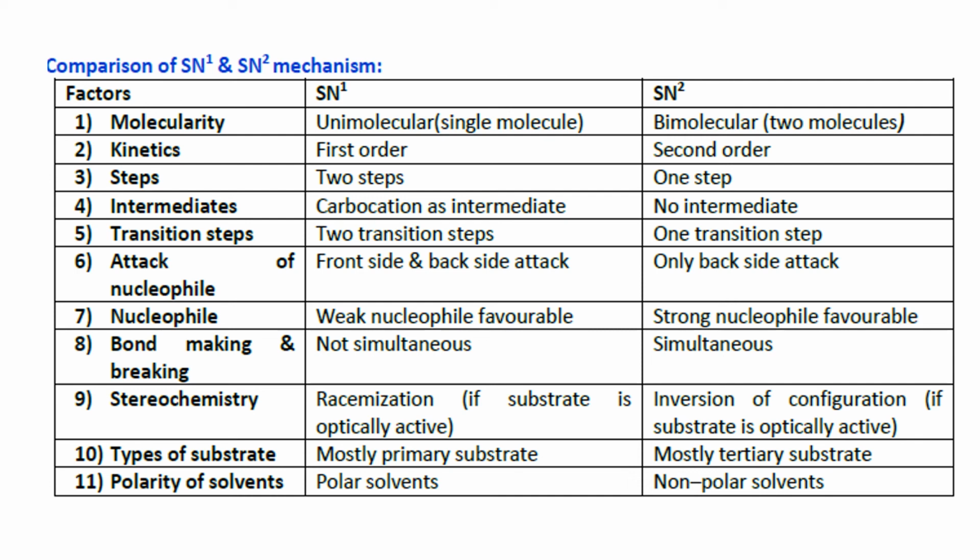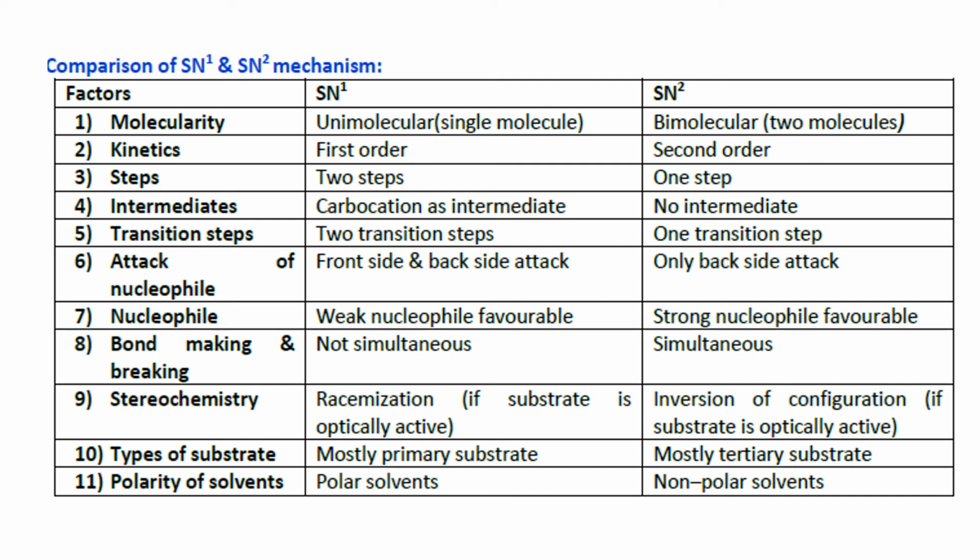SN1 reaction is a two-step mechanism. The first step, the slow and rate determining step, involves formation of a carbocation intermediate, and in the fast step it is attacked by the nucleophile. Whereas SN2 is a single step mechanism. In SN1, an intermediate is formed, that is carbocation, and in SN2 there is no intermediate.